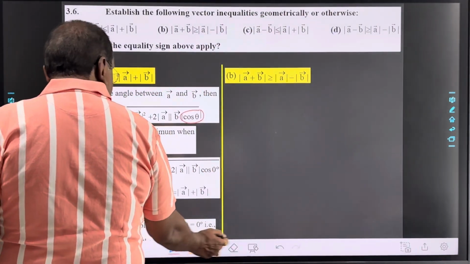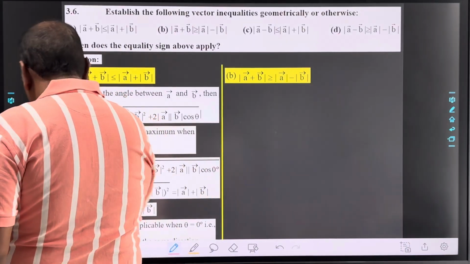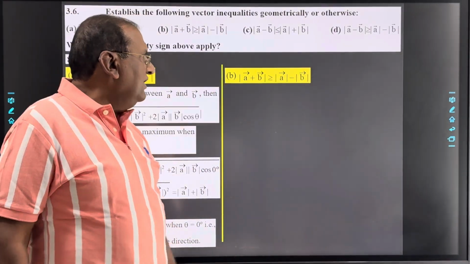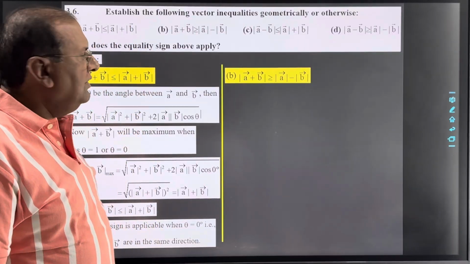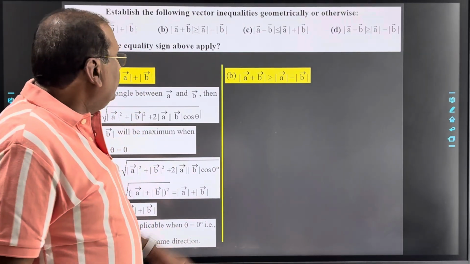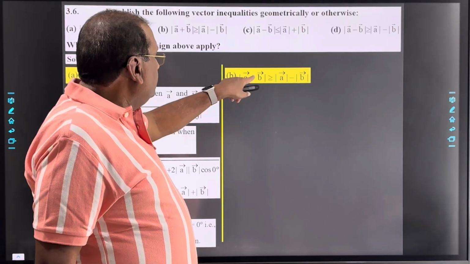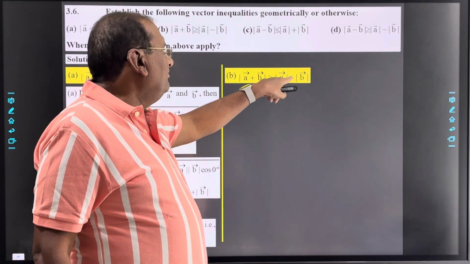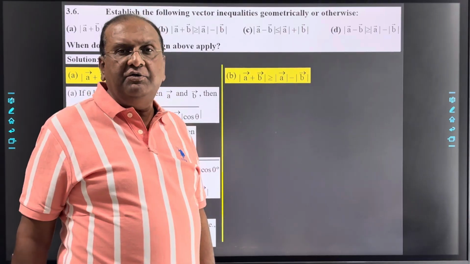magnitude a plus b is greater than or equal to magnitude a minus magnitude b. So here we want to prove magnitude a plus b is greater than or equal to magnitude a minus magnitude b.